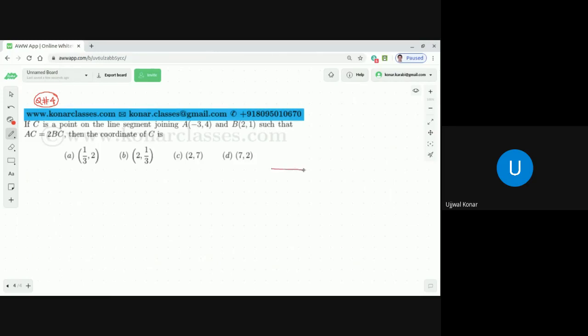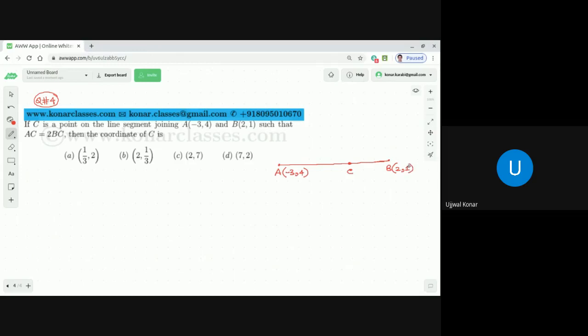So if we draw the straight line, suppose this is the point A, this is the point C, and this is the point B. The coordinate of the point A is (-3, 4), and the coordinate of the point B is (2, 1).